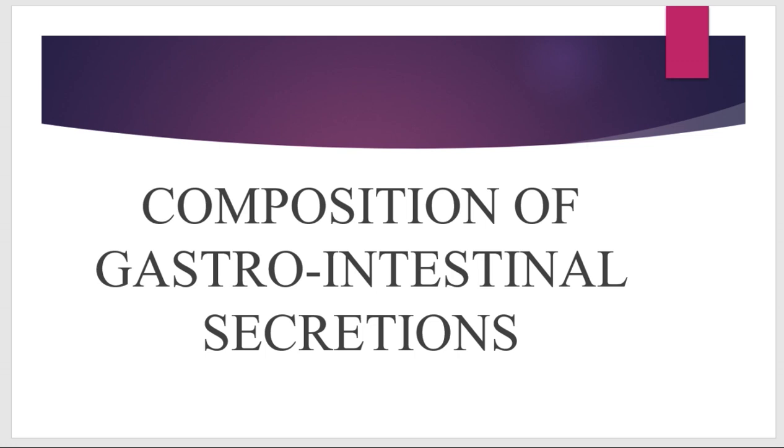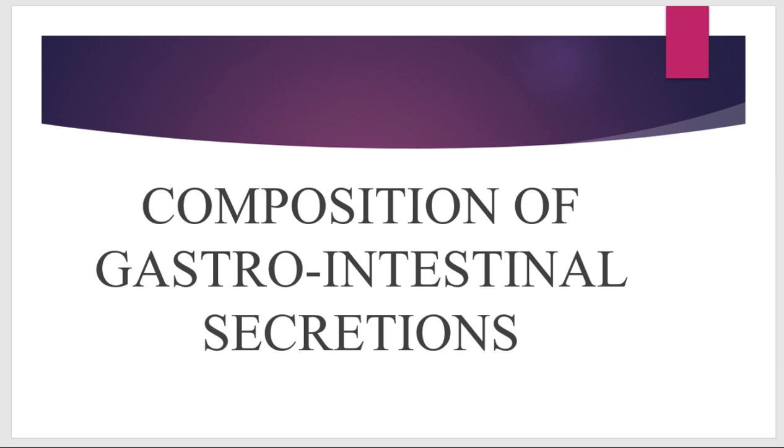The second GI secretion we are going to discuss is the pancreatic secretion. Again, the secretion is drained inside the second part of the duodenum through the major duodenal papilla. The pancreatic duct joins the common bile duct just before draining its content into the second part of the duodenum.